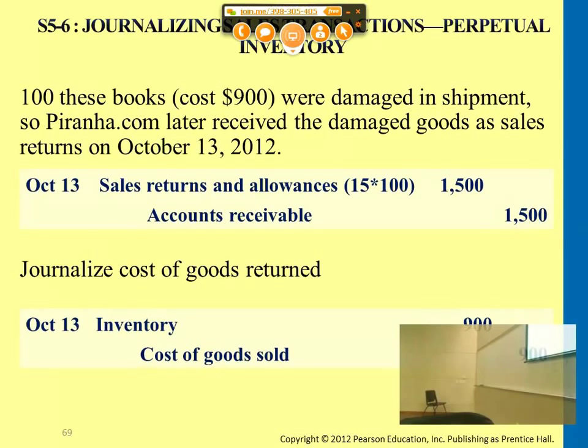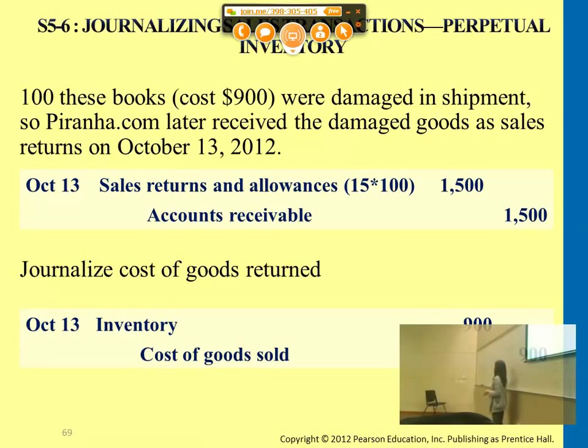Now the $1,500 here comes from the retail price of each book being $15, and you're getting 100 books back from the customer. So altogether, a customer later on will not be paying you this $1,500, which is why you're reducing the accounts receivable that you're getting from the customer. Okay, so sales returns and allowances, you'll see $1,500 here to reduce earlier the dollar amount that you captured in sales revenue.